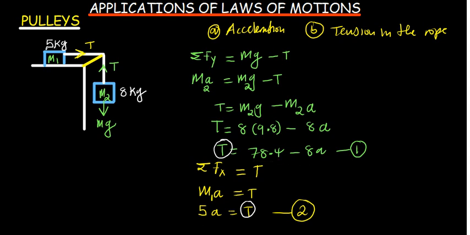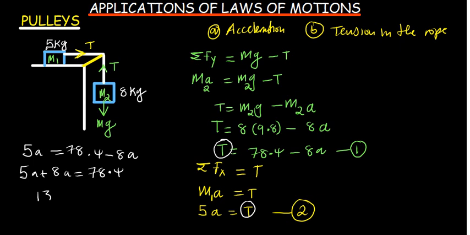So we're going to say 5A is going to be equal to 78.4 minus 8A. I'm going to get this 8A, take it to the other side. That is going to be 5A plus 8A being equal to 78.4. So 5A plus 8A, that is 13A, and that is equal to 78.4.